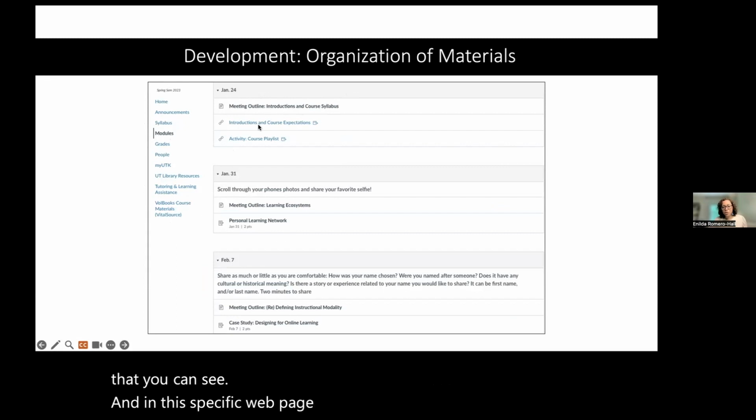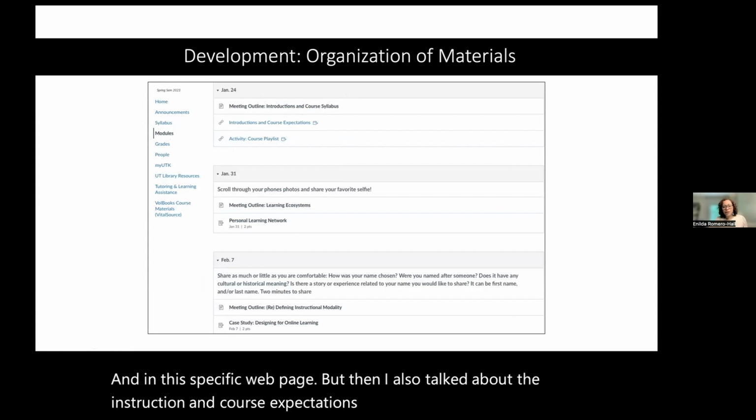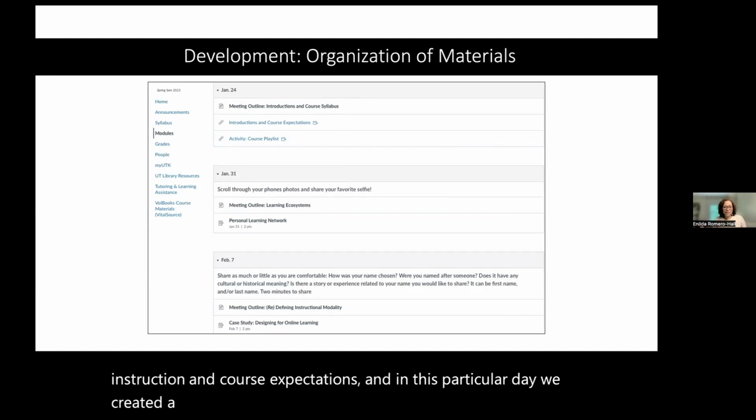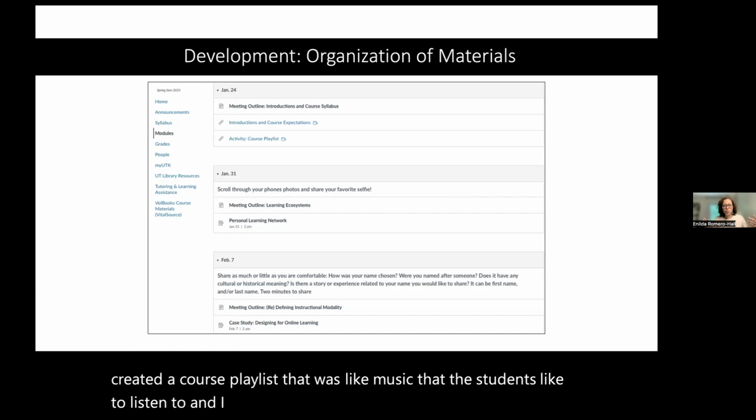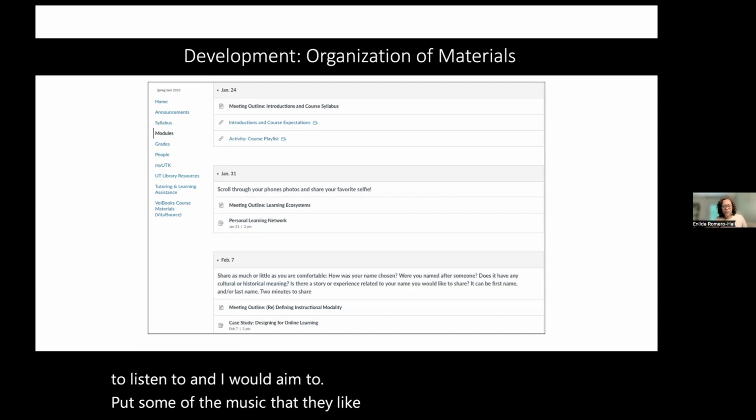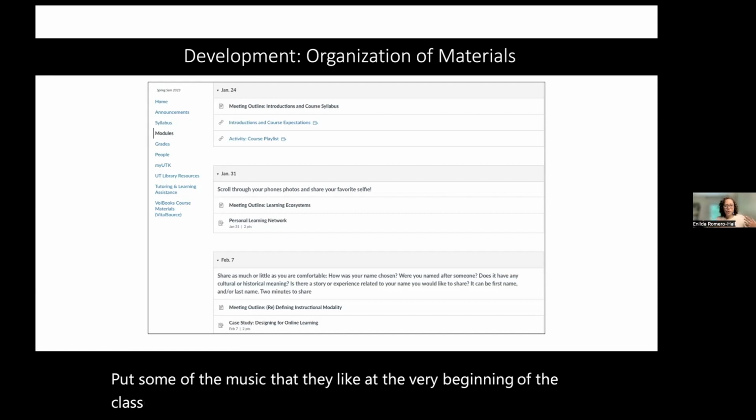But then I also talked about the instruction and course expectations. And on this particular day, we created a course playlist of music that the students like to listen to, and I would aim to put some of the music that they like at the very beginning of the class or when we had a break during our synchronous session.